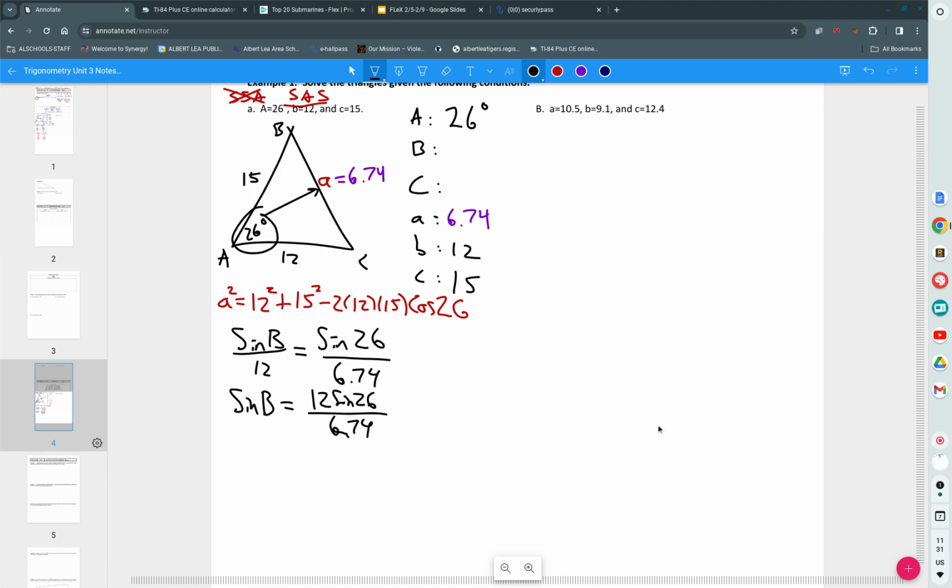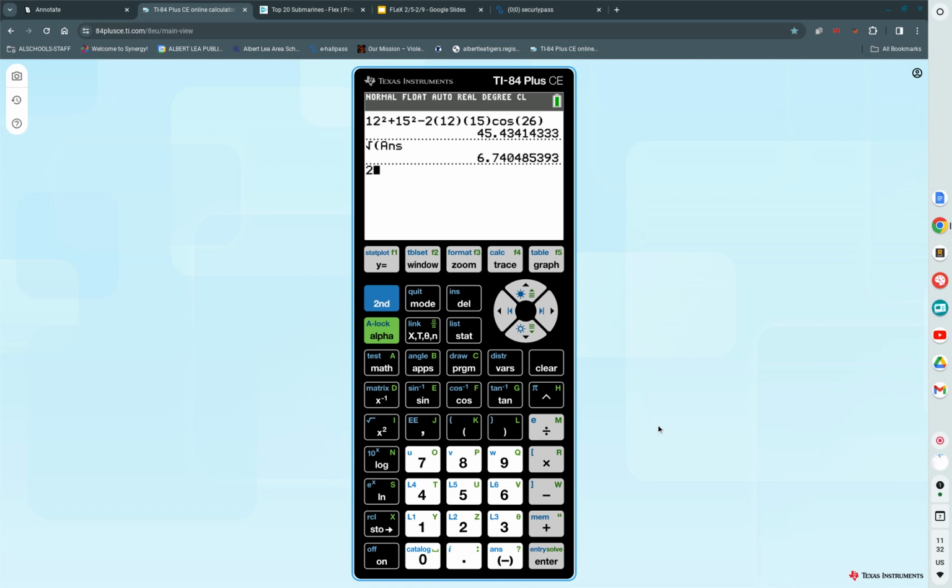Let's make that into a decimal. So 12 sine of 26, in parentheses, divided by 6.74.